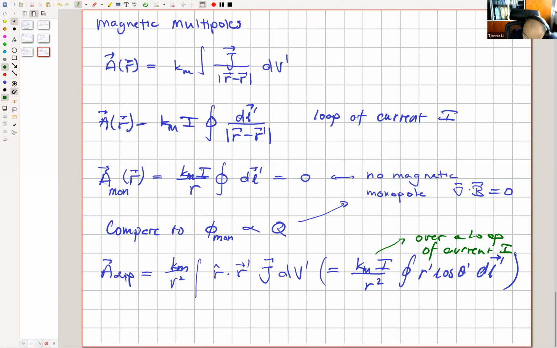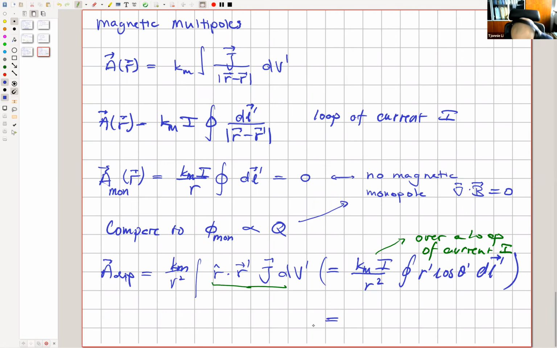Now, I could actually end up rewriting this, and it's a lot of algebra, so I don't want to explicitly go through an expression like this, but it actually turns out that I can write the following. I could write this expression.